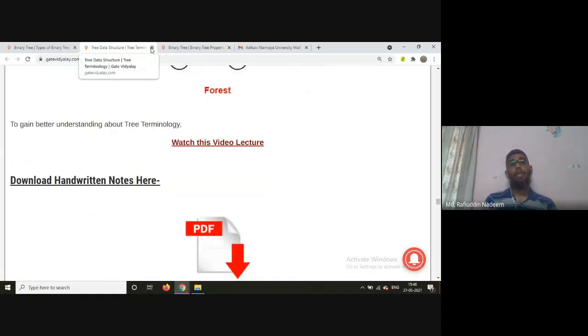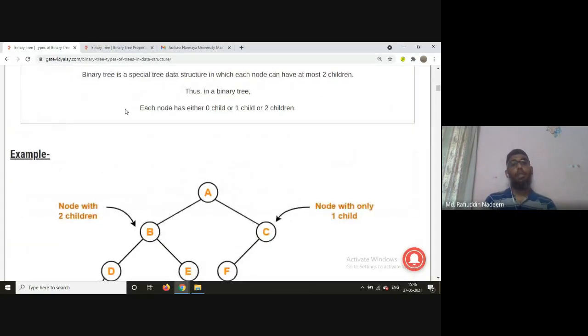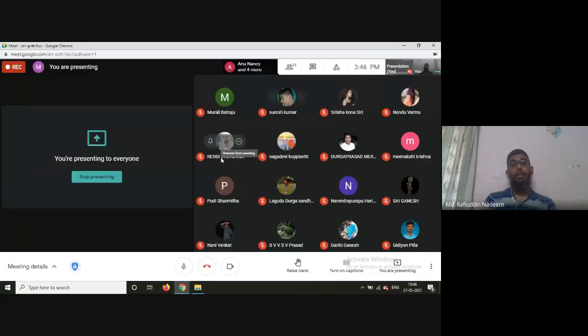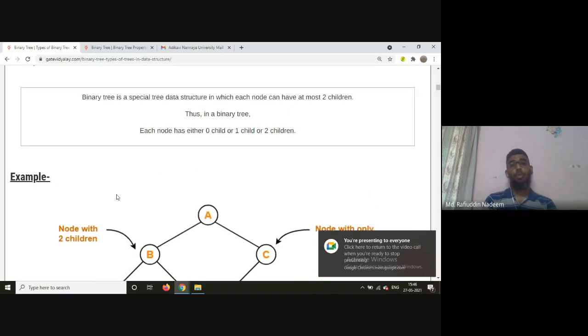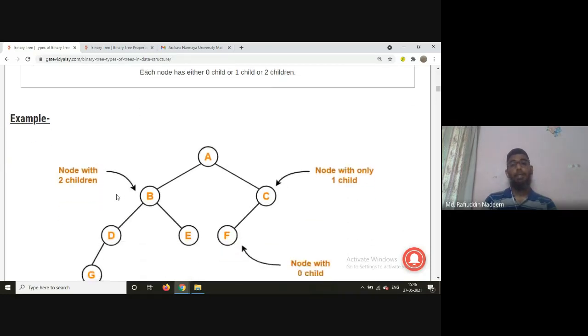Next, we started our discussion about the binary trees. What actually is a binary tree? A tree with at most two children per node is called a binary tree. Either it can have zero children, one child, or two children. Such a tree is called a binary tree.